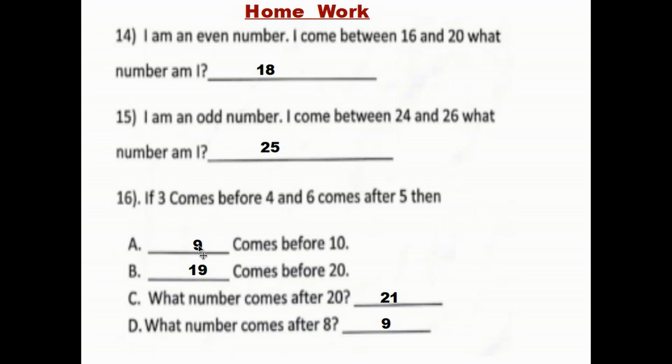The number is 9. Excellent. If you say 9, that is good. And dash comes before 20. What is it? The number is 19. And what number comes after 20? 21. Lastly, what number comes after 8? That is 9. The number that comes after 8 is 9.